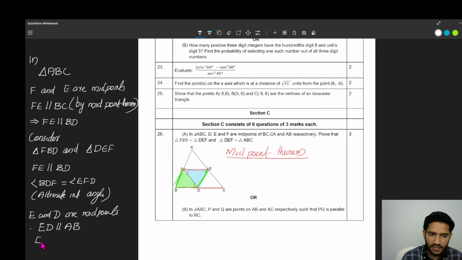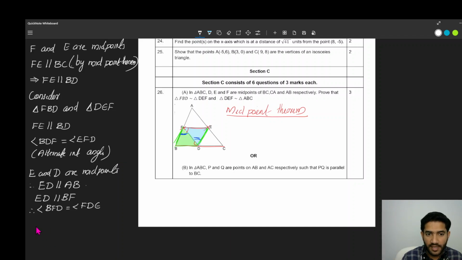If ED is parallel to AB, then ED is parallel to BF, because F is a point on the line AB. So these two angles are equal, again alternate interior angles. So we can write angle BFD equal to angle FDE. So two angles are equal.